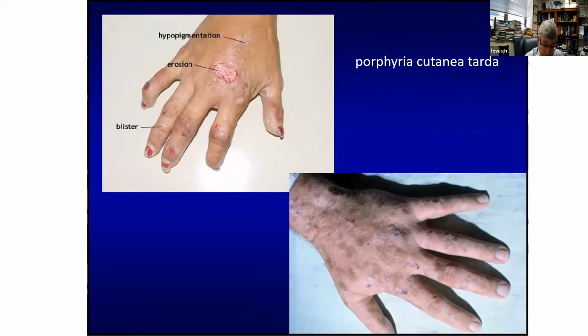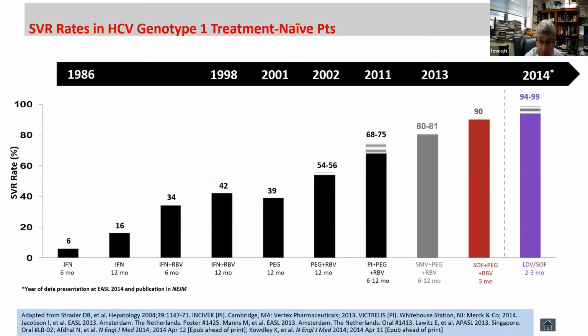All of those patients should be tested for hepatitis C because many of them are infected and it's a manifestation. The treatment, as you can see here, it's an older slide, but now we're approaching 100% cure rates with our direct-acting antiviral agents, and it's a true cure as opposed to hepatitis B.